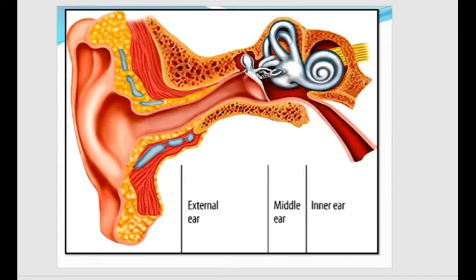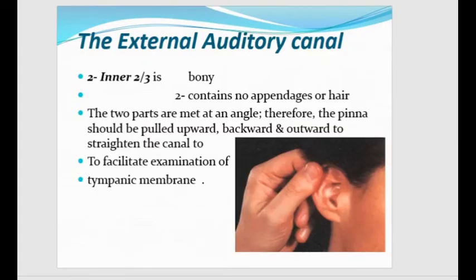So straightening is an essential step during the examination of the external canal. Therefore the pinna should be pulled upward, backward and outward to straighten the canal, to facilitate examination of the external canal and the tympanic membrane. This process we call otoscopy.